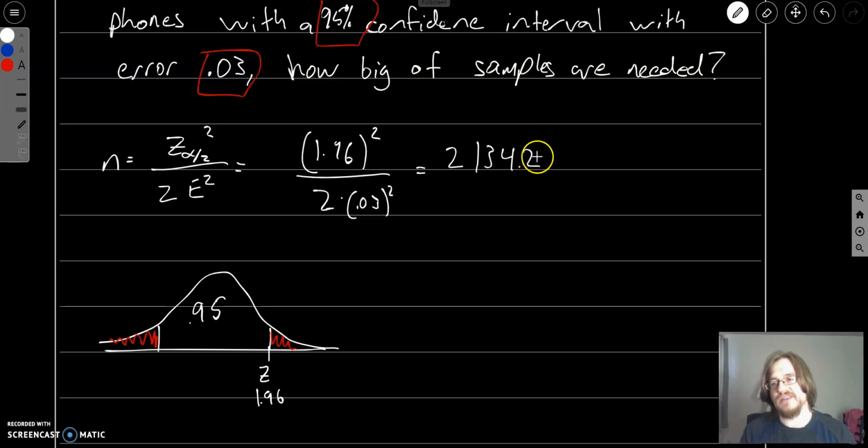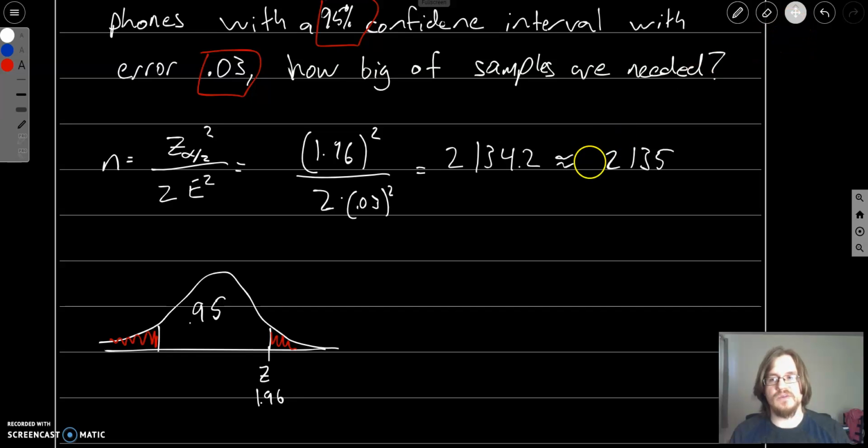So in order to make sure that we have as big a sample as we need, we want to round up. So even though this would normally round to 2,134, we want to round up to 2,135 to make sure that we capture what we need. We can't use 0.2 of a person, so we'll just use a whole person instead.